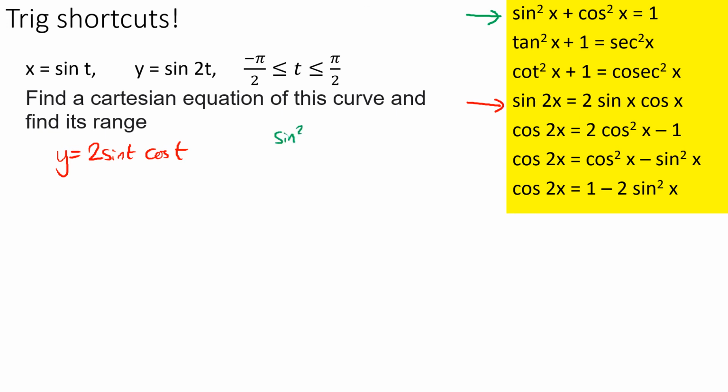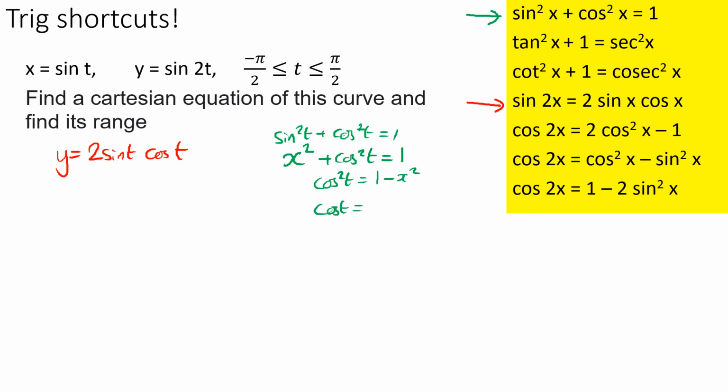Well, we can use the top equation as well. So we know that sine squared t plus cos squared t are equal to 1. We know that sine squared t is equal to x squared, because sine t is equal to x. And then we can rearrange this so that cos squared t on its own is 1 minus x squared.